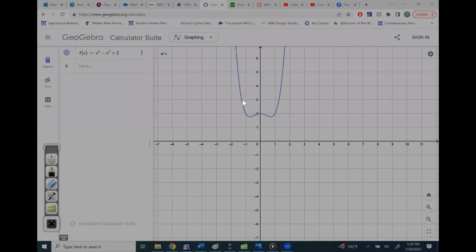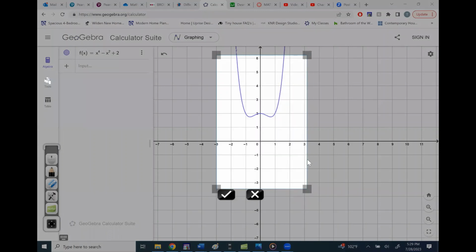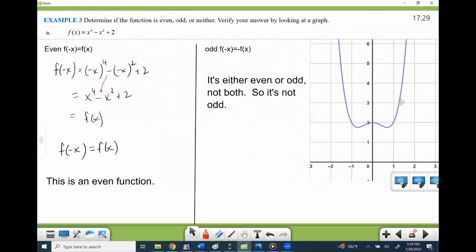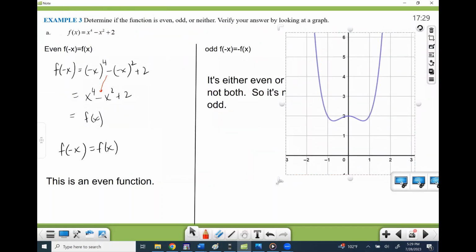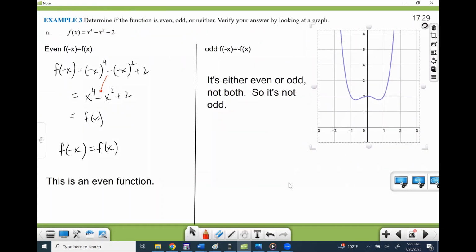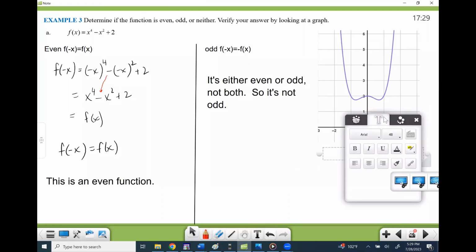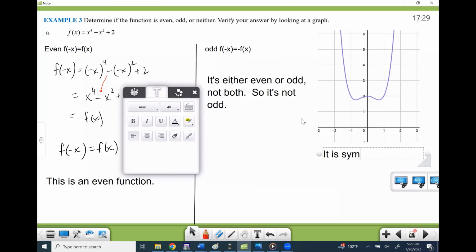That is most definitely symmetric to the y-axis. So I think we did a good job here when we called it even. I'm going to put a little comment below it. It is symmetric to the y-axis.